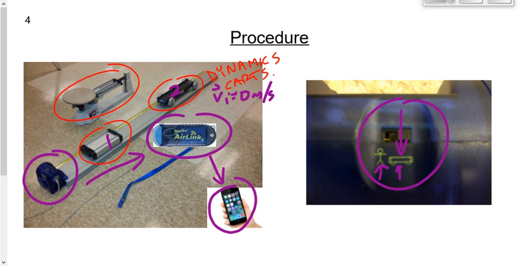It doesn't matter how you change that manipulated variable, whether you change it by adding mass or changing velocity. But the bottom line is there's only one real variable that you're changing here. So once you change that initial momentum, let's see how the momentum of both cars after the collision responds to that. Record your initial velocity, record your final velocity, and then repeat with a different initial velocity or momentum and a different final velocity or momentum.